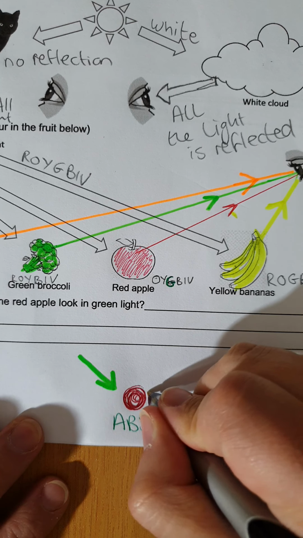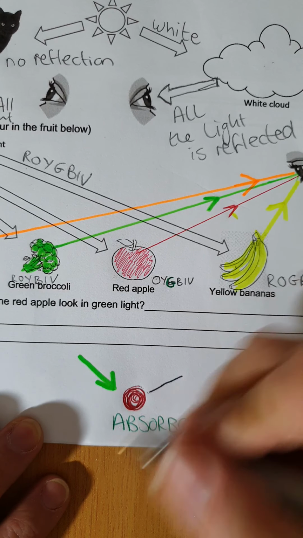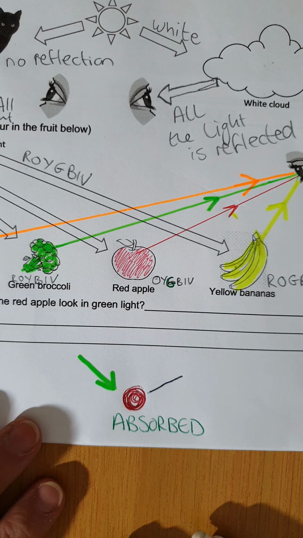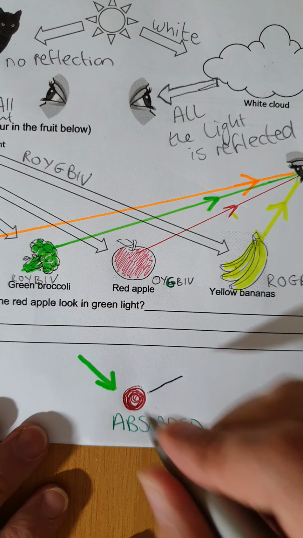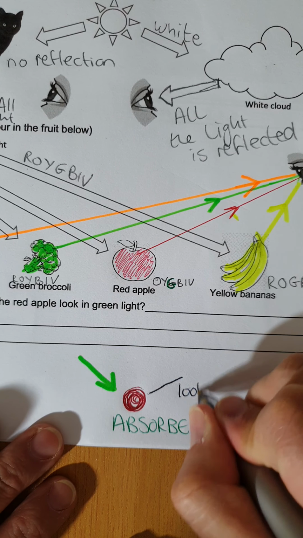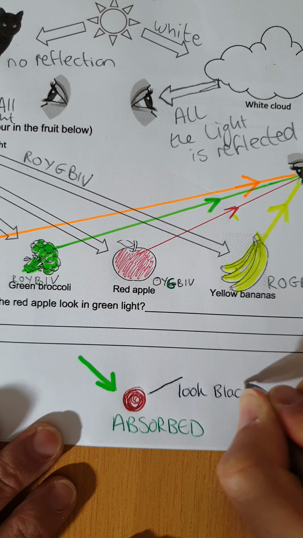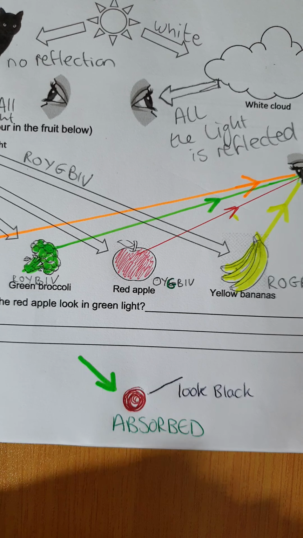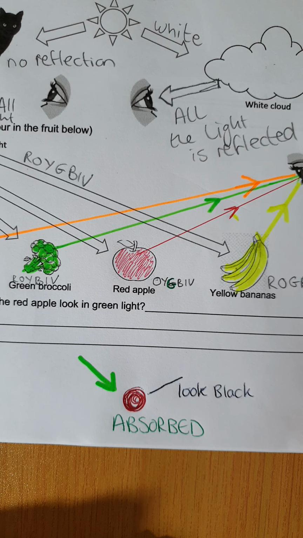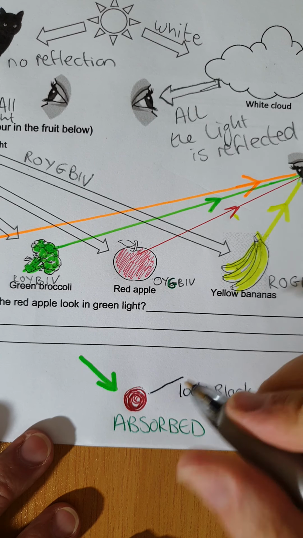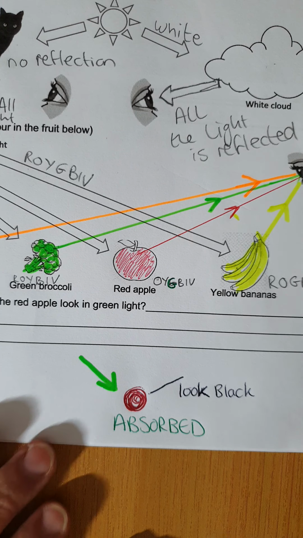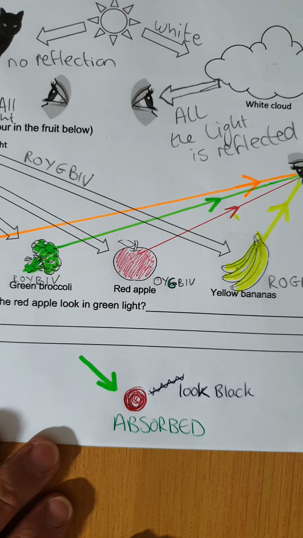You can't reflect black off. It's going to look black. In our minds, we think we're seeing it as red, but we don't actually. It's going to look black because the green is absorbed.